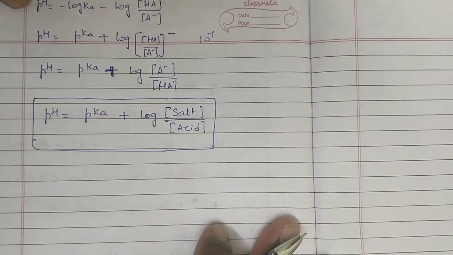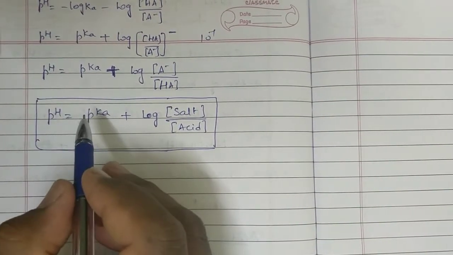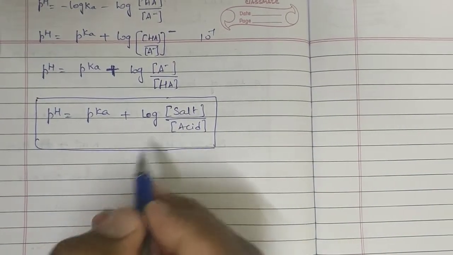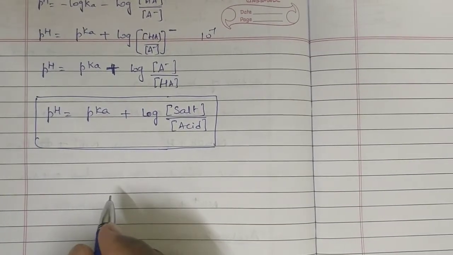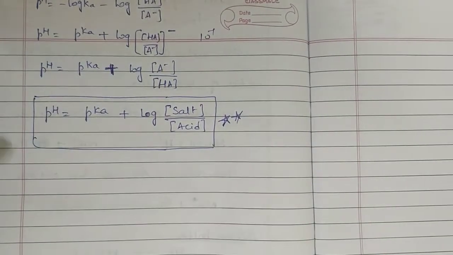This is the formula related to acidic buffer. Acidic buffer means pH is equal to pKa plus log concentration of salt by acid. It is a very useful formula, important in doing the problems.